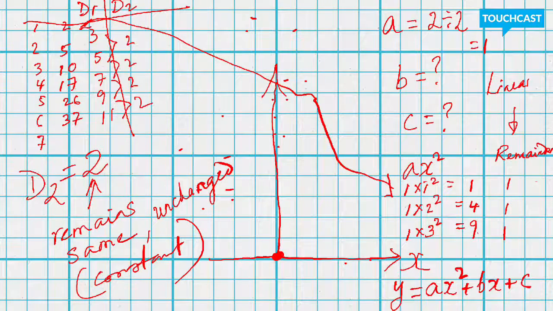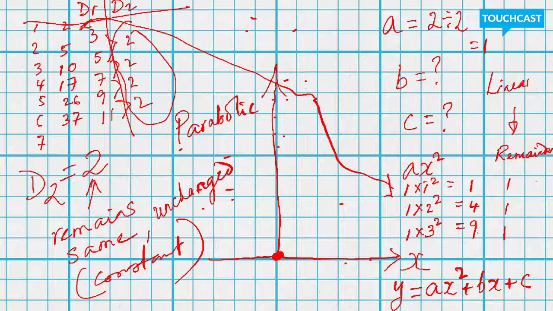Now, in the previous video, we figured out something. This second difference is always the same, unchanged, which is 2 for this particular problem. So we have decided it's going to be a parabolic equation.